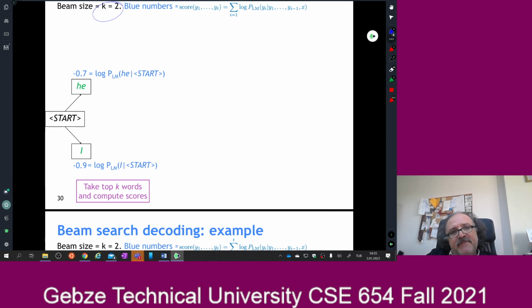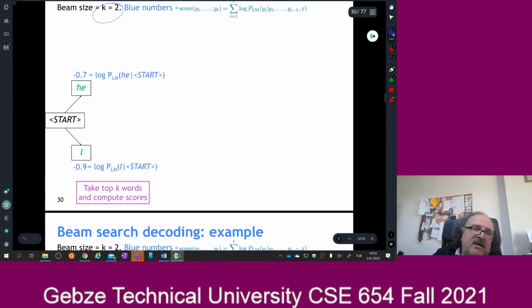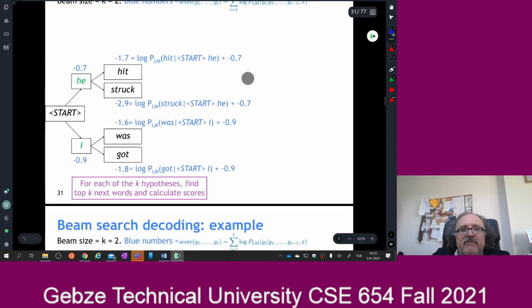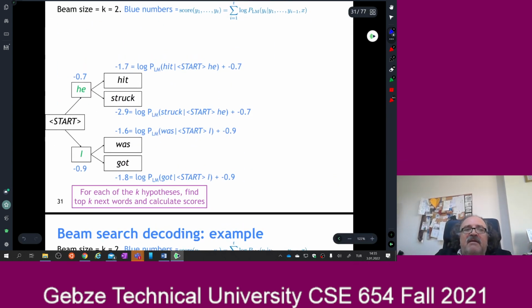In this case, given start, what is the probability of he according to this language model? It is he that is better, but I am going to keep I around too. Then I will continue, and I will say, if I am using he, what would be the highest probability words after he? It could be either hit or struck. After that, it would be was or got.